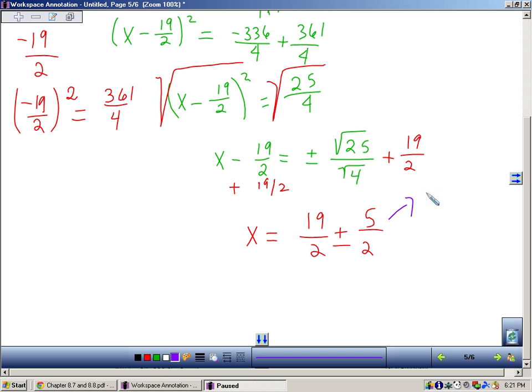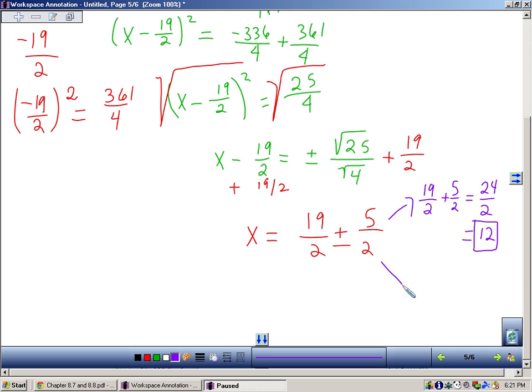We've got 19 over 2 plus 5 over 2. That becomes 24 over 2. And 24 divided by 2 is 12. And all that mess was overrated because it turned out just to be the number 12.